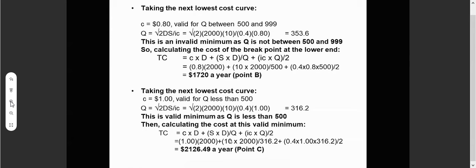So we replace Q here with the value of 316.2 unit, and the next point of total cost is 2126.49.